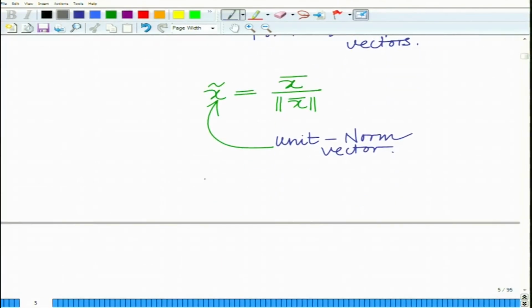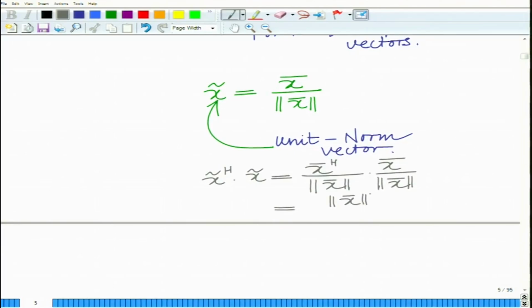In fact, if you look at x tilde Hermitian, x tilde, that is x bar Hermitian divided by norm x bar times x bar divided by norm x bar, which is basically x bar Hermitian x bar, that is norm x bar square divided by norm x bar square, which is 1.